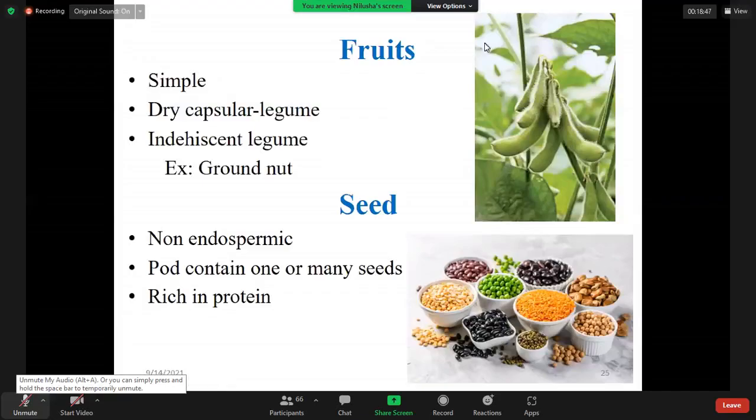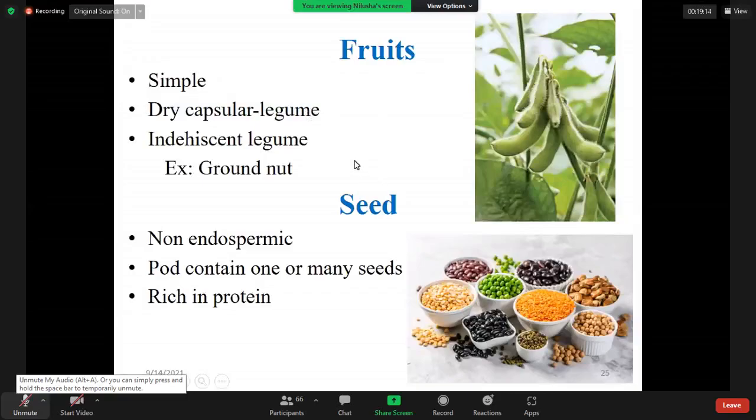Yes, ma'am. That is about the fruits: simple and dry capsular legume, which is dehiscent. The indehiscent legume example is groundnut. For dry capsular legume, examples are green gram, black gram, and cowpea.